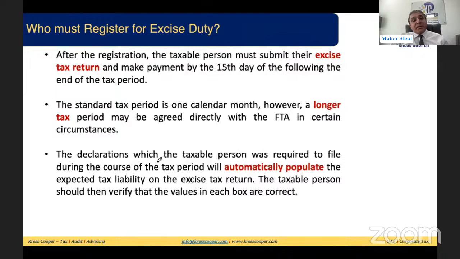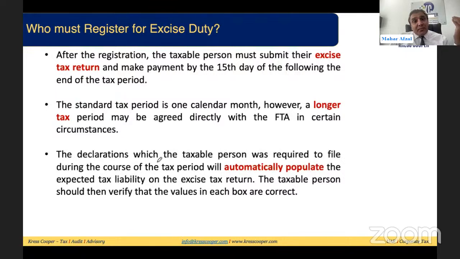Usually the excise tax period is 1 month. After the end of the tax period, within 15 days of the following month, you are liable to submit the excise return, and you are liable to pay the excise duty as well. So how will you calculate excise duty?